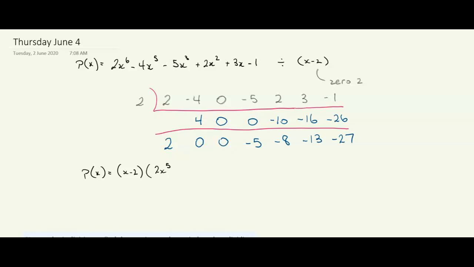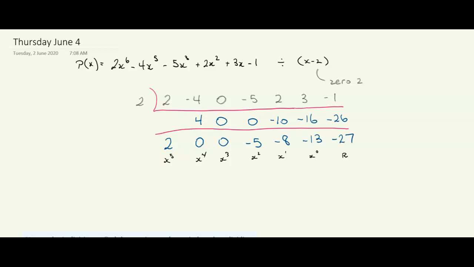How'd I go there? 6, 5, 4, no, minus 5x to the power of 3, minus 8x squared, minus 13x. I've made a mistake in here. It's probably better, given that I'm working in this fashion, to write just underneath that x to the 5, x to the 4, x to the 3, x to the 2, x to the 0. That's just my constant, and that's my remainder.